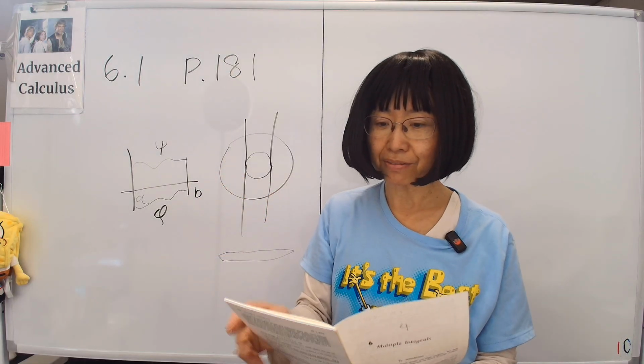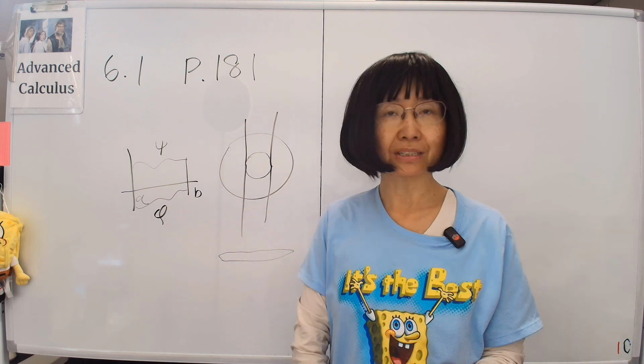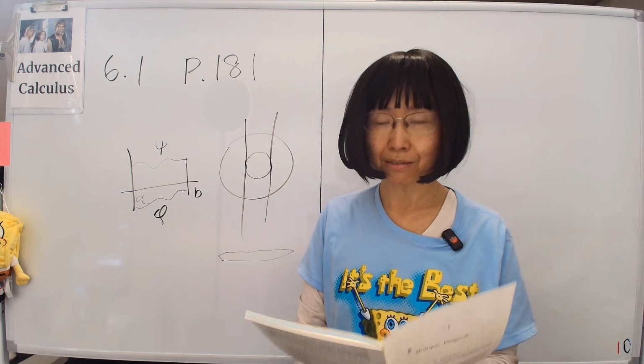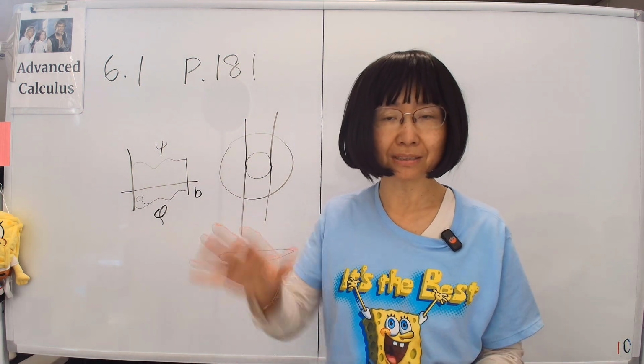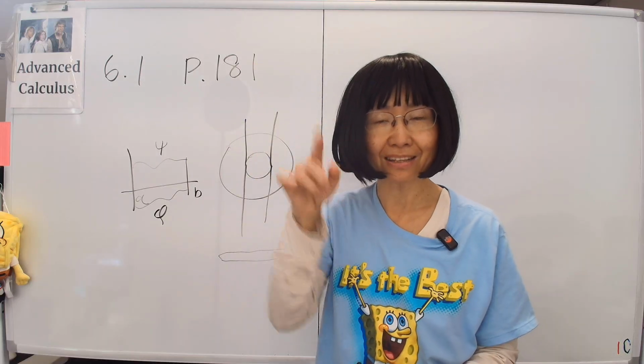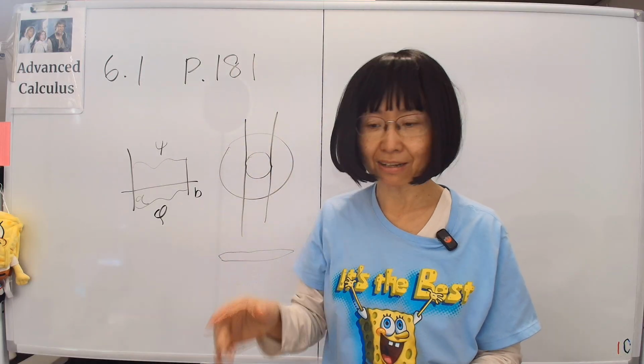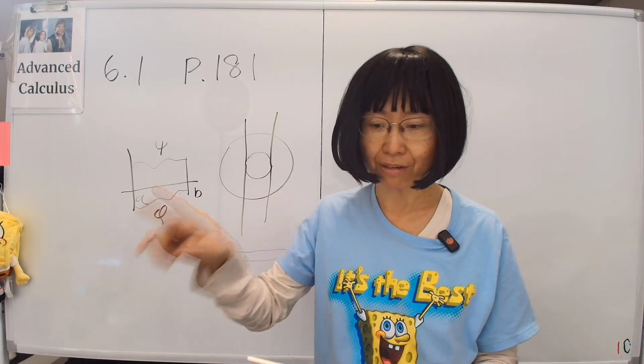Now, if the distance between the lines is small compared with the diameter of the region R, then most of the subregions will be squares. The smaller it gets, the more squares you get, and very few things are along the boundary of the region.